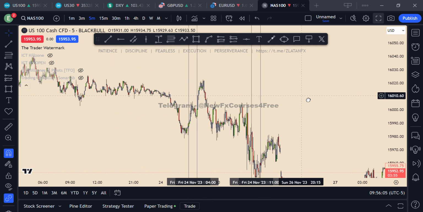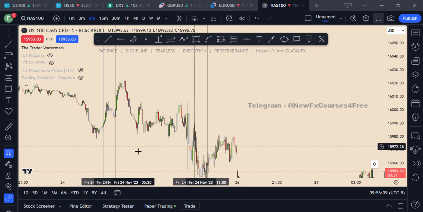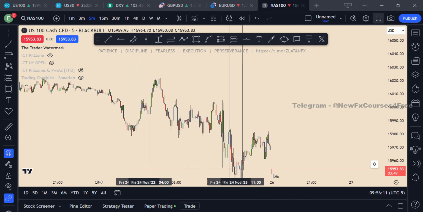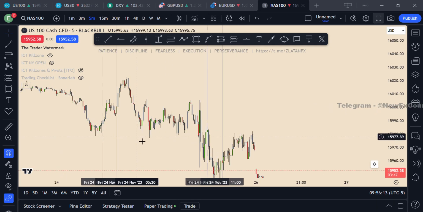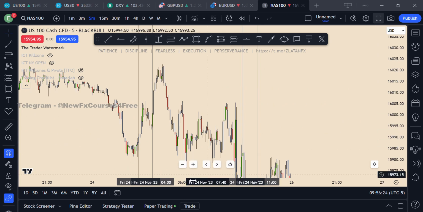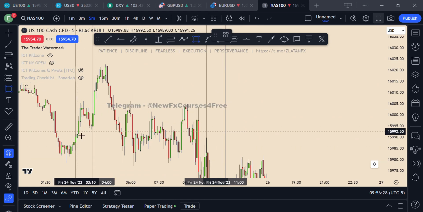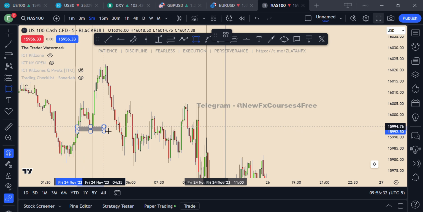But then let's look at the 3 a.m. Now looking at the 3 a.m., what could you see in this window, right? We accumulated, we manipulated, we are attacking this high, right? At 3 a.m. to 4 a.m., what did the market present us with? This was a fair value gap right here, and we used it to attack that high.